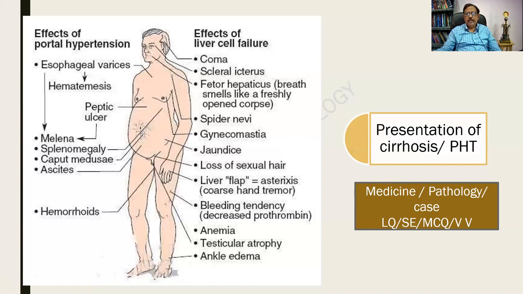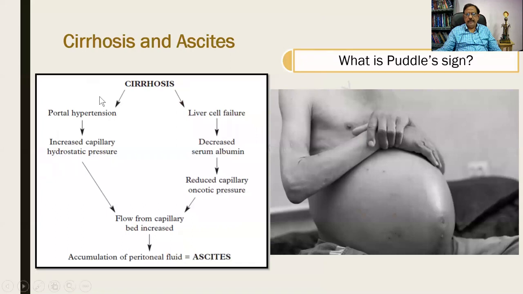Secondly, the cirrhosis I had included for the various classifications and the pathogenesis of cirrhosis. So cirrhosis can result in a liver failure and decreased albumin, decreased oncotic pressure, leading to an ascites.